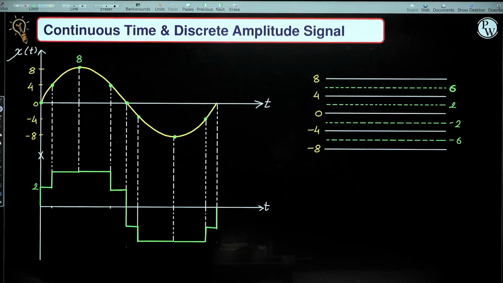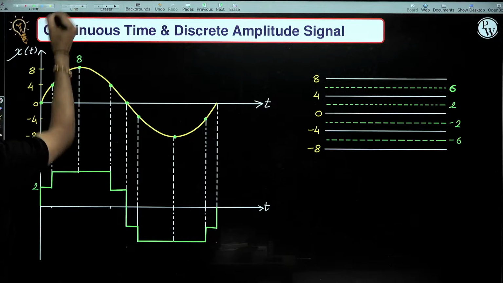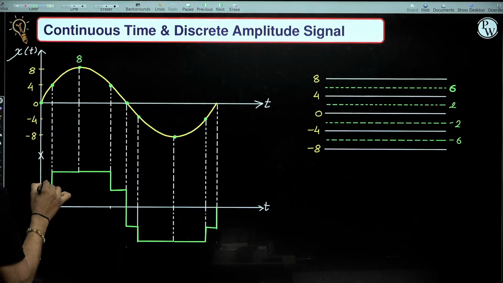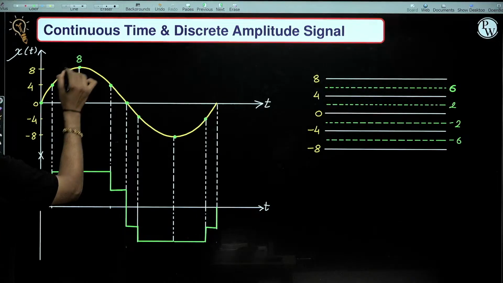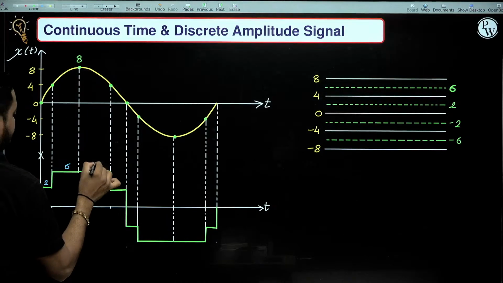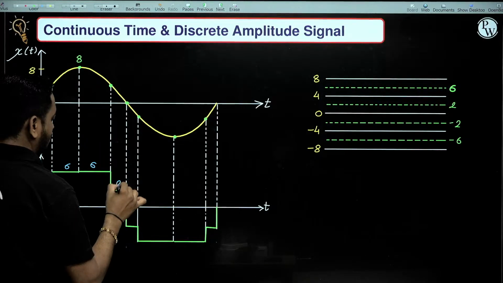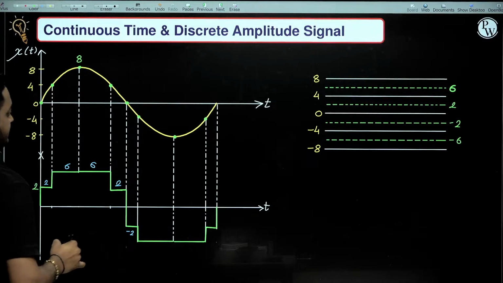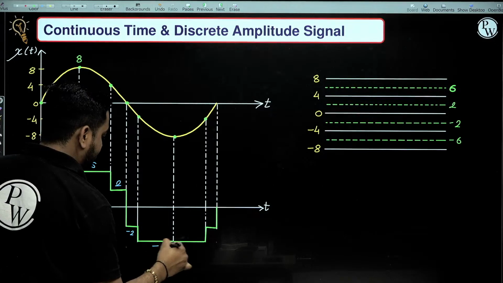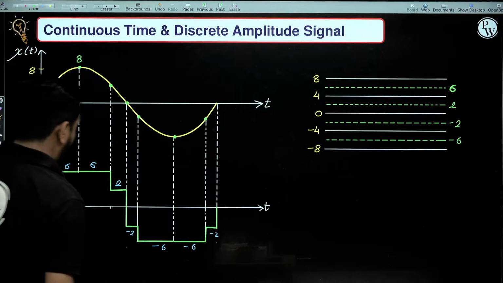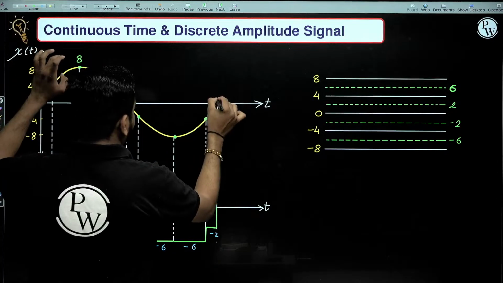Now you can see here, input present between 0 and 4, output is 2 only. Then between 4 and 8, it is 6, again 2, between minus 4 and 0 it is minus 2, and this is minus 6. Suppose this is 0 and this is 10 seconds.